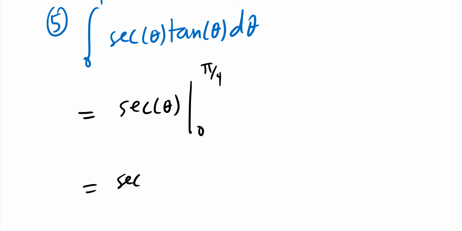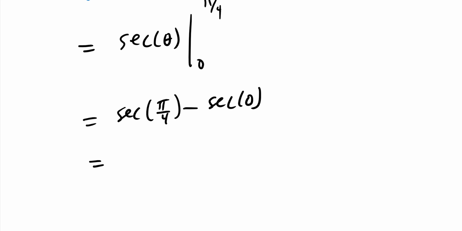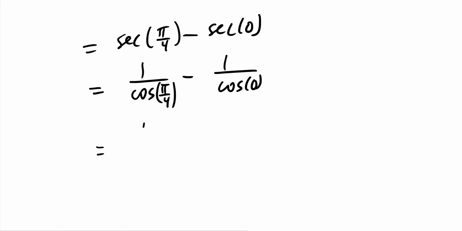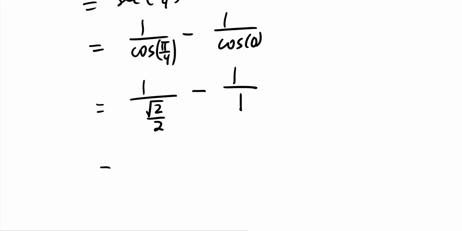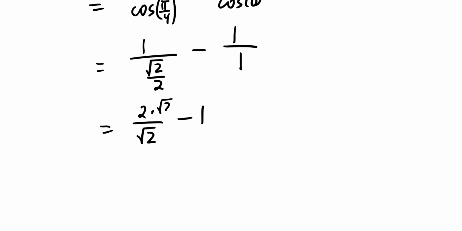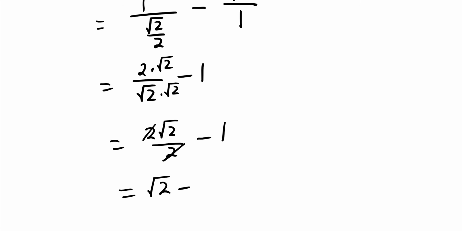We substitute the pi over 4 first, minus secant 0 next. So what's secant pi over 4? If you don't know it, you can write it as 1 over cosine pi over 4, minus 1 over cosine 0. Cosine pi over 4 is the square root of 2 over 2. Cosine 0 is 1. This can be flipped, 2 over square root of 2, minus 1. Then multiply by the square root of 2. That gives us 2 square root of 2 over 2 minus 1. These cancel out. That gives us the square root of 2 minus 1.